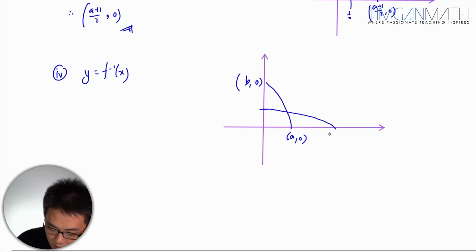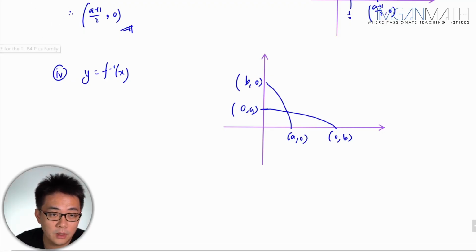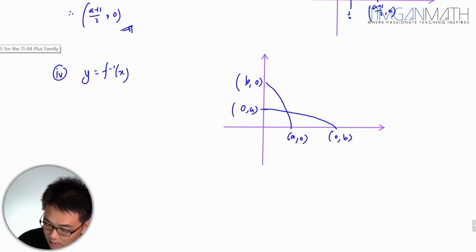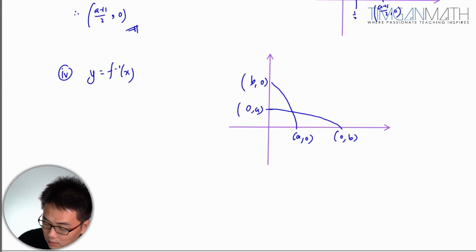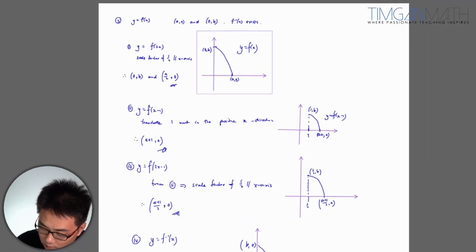But what happens is actually this corresponding point would be (0, b), and this would be (0, a). So your curve here will just have the 2 points there. Did I label wrongly?